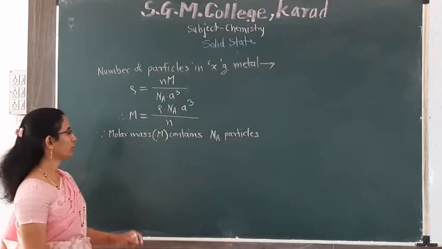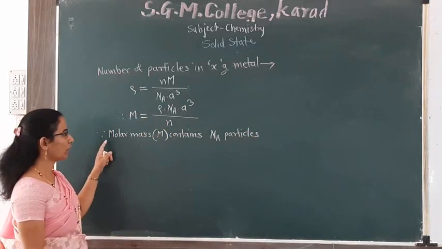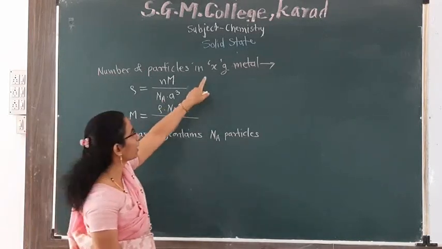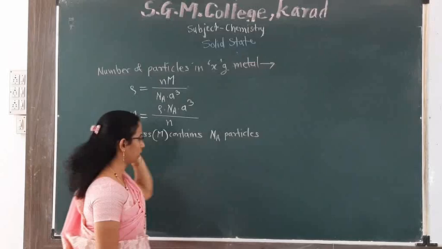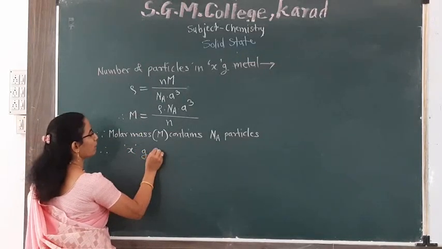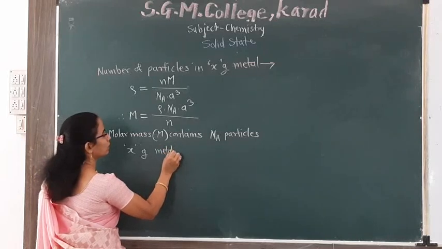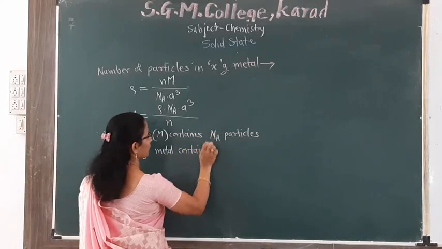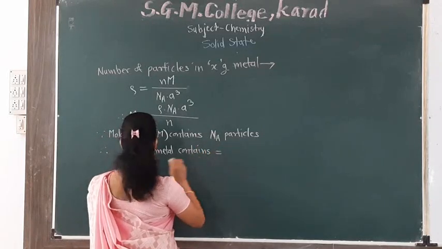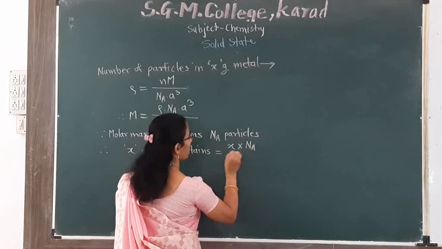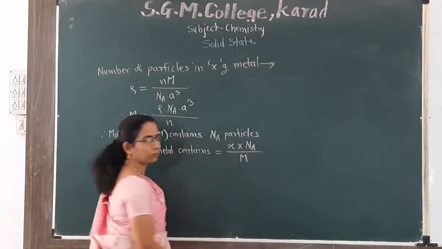Now this is the molar mass of substance, and we know that the molar mass of any substance contains Avogadro's number of particles. So here we can write, since the molar mass, that is capital M, contains Avogadro's number of particles, means Na number of particles, then how many particles will be present in x gram of metal? We can find, therefore x gram metal will contain x into Na divided by capital M particles.